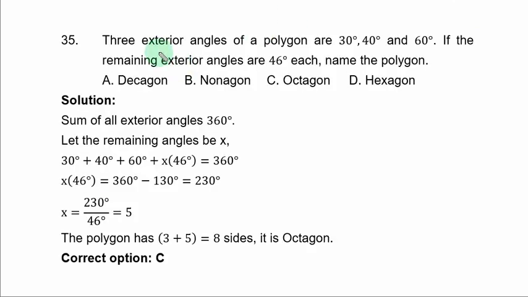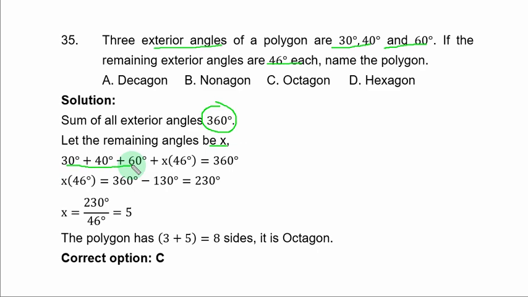Question 35. Three exterior angles of a polygon are 30 degrees, 40 degrees, and 60 degrees. If the remaining exterior angles are 46 degrees each, name the polygon. Sum of all exterior angles, irrespective of the polygon, is 360 degrees. Now let the remaining angles be S. Three of the angles, their sum is this.